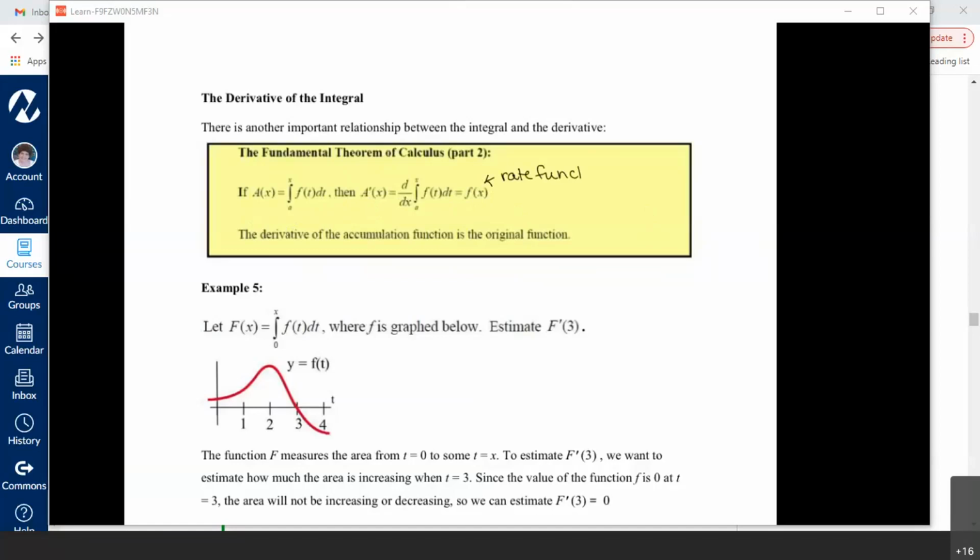This is like the example we did on the previous page, where if you take the derivative of an accumulation or total function, you get the original rate function back. That's just showing that antidifferentiation or integration and differentiation undo each other. They're kind of opposite operations.